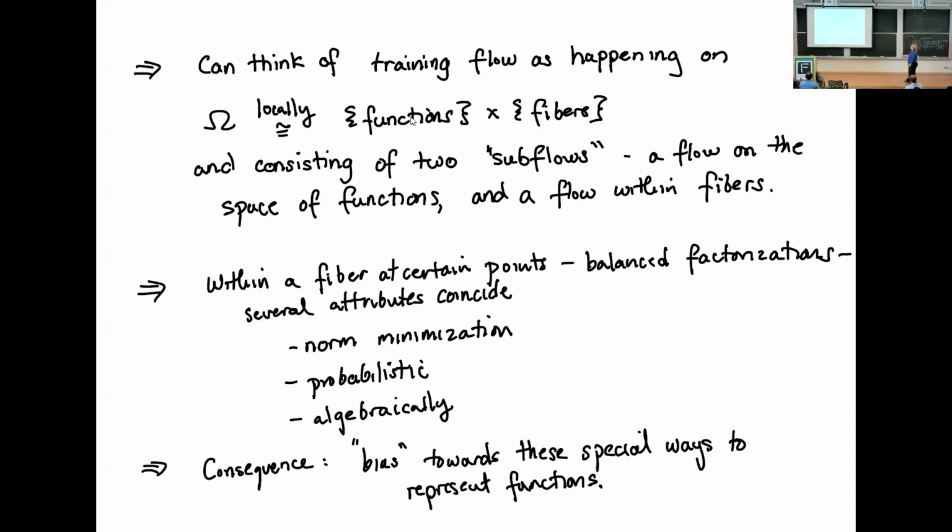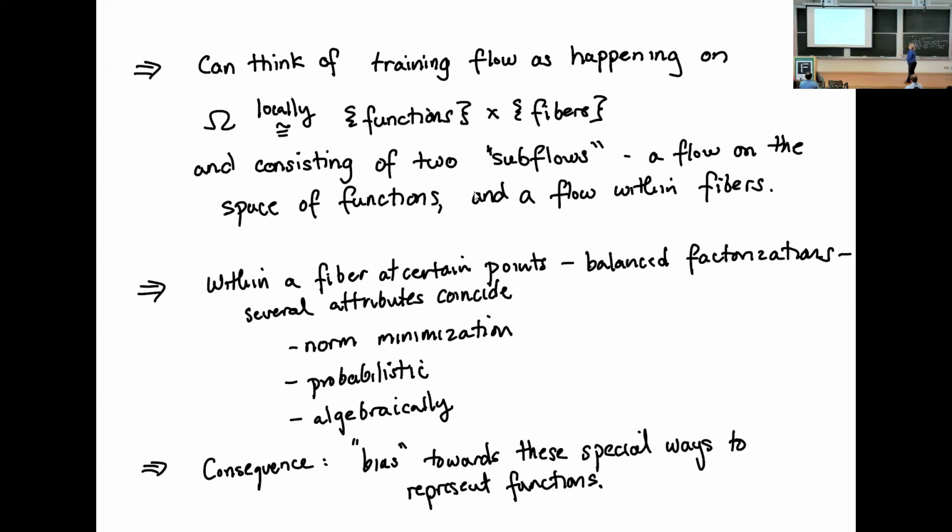There's changing your function, and then there's changing your representation within your fiber. So one could break the question of studying training or model selection into two pieces: selecting a function and then selecting a way to represent a function.